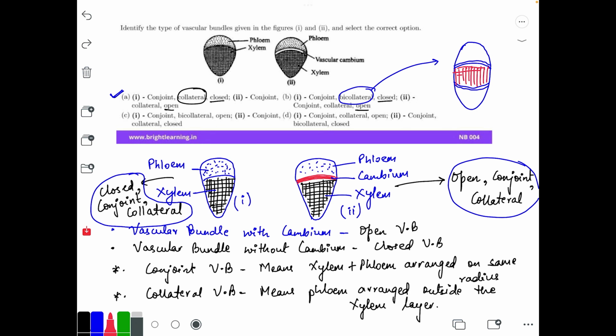So this is xylem, this is the outer phloem, and this one is the inner phloem. This is called bicollateral, in which the xylem is surrounded by two layers of phloem. We are not seeing this figure in the representation, so bicollateral is also not the answer.